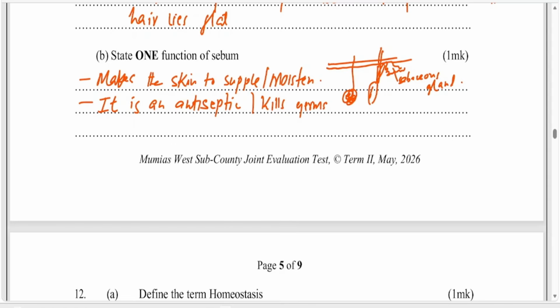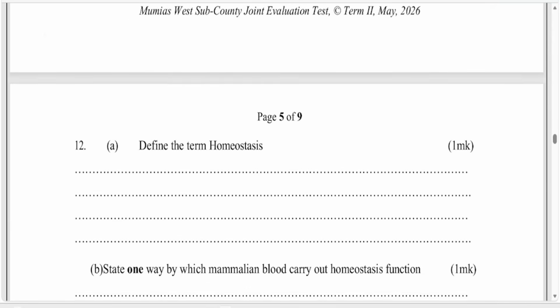It does not act, that is function. It is an antiseptic, that is role. It is an antiseptic, or you can say it kills germs. One function, 1 mark. Let's move to the next question.